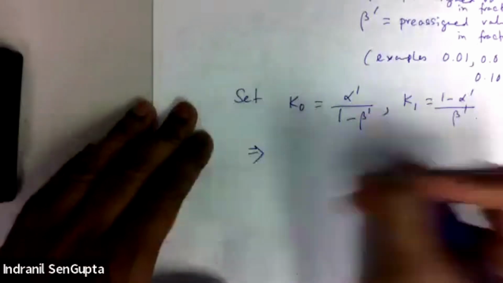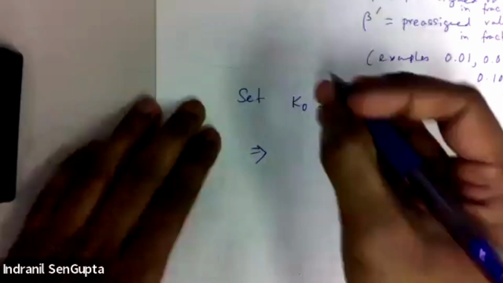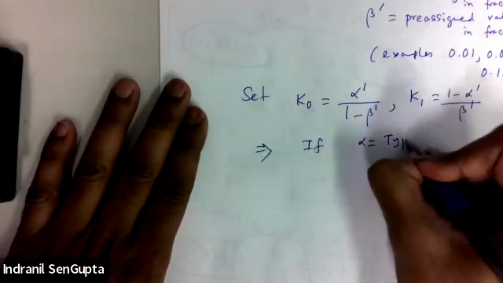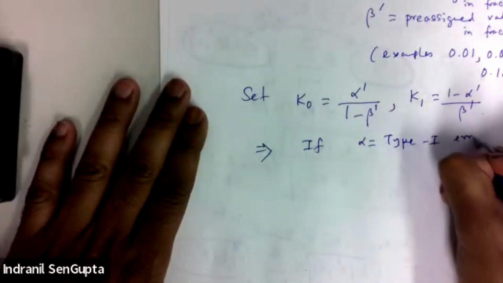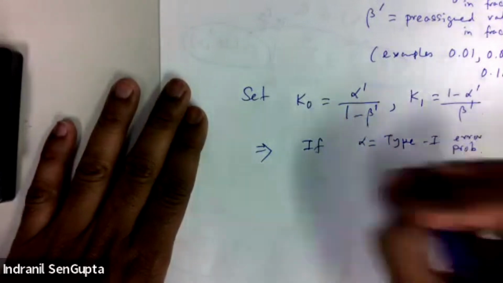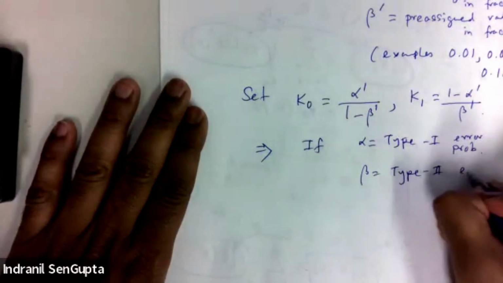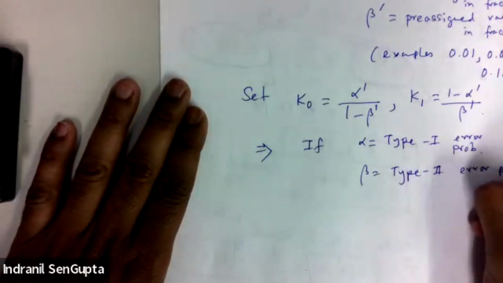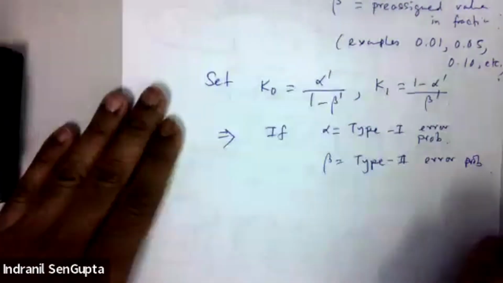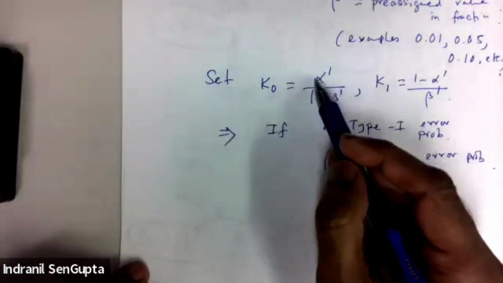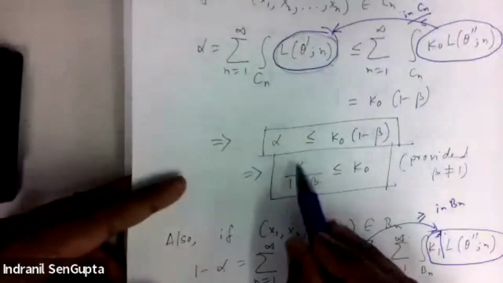So that means, if alpha equals the actual type 1 error probability and beta equals the type 2 error probability, then k0, which is this one, I must have this k0 bigger than this quantity, right?